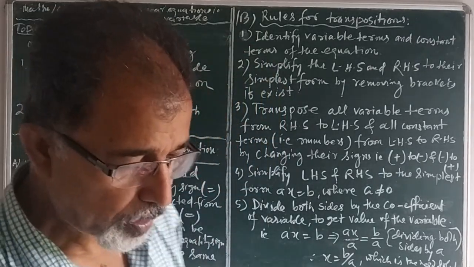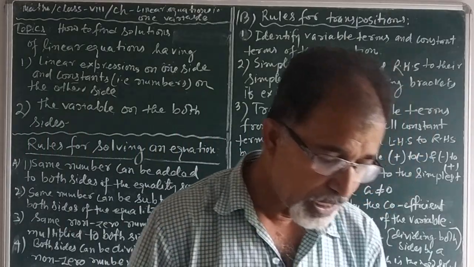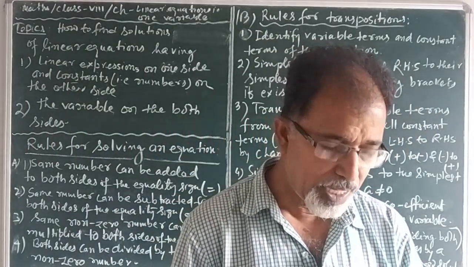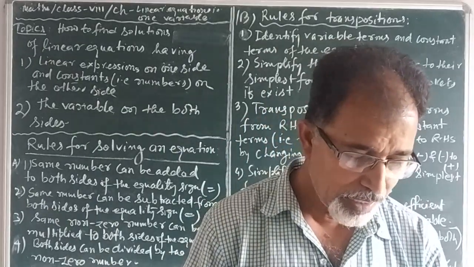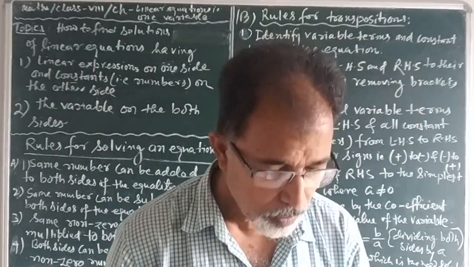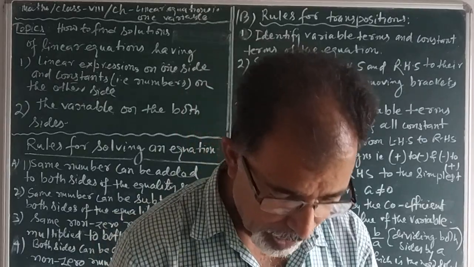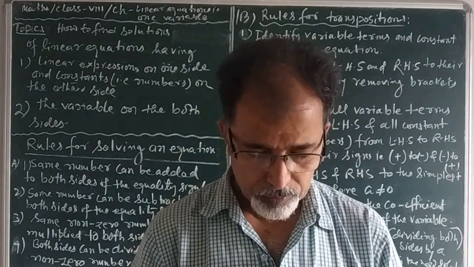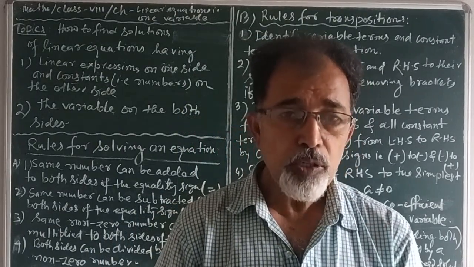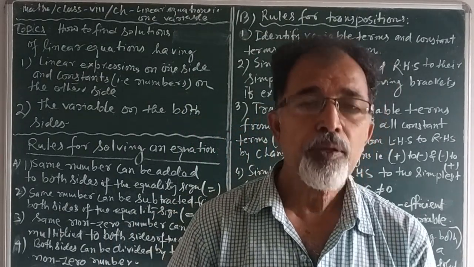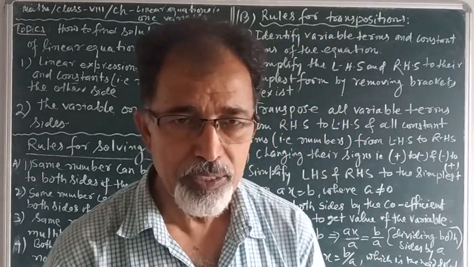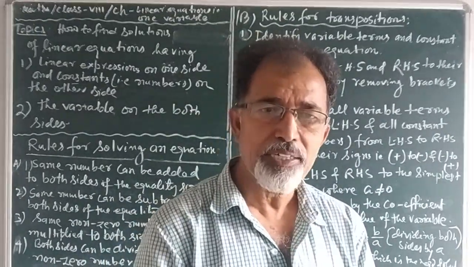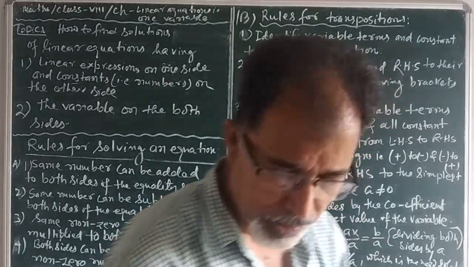Now we discuss how to solve such equations which have a linear expression on one side and numbers on the other side. In Exercise 2.1, these all sums are related to linear equations having a linear expression on one side and a constant on the other side.